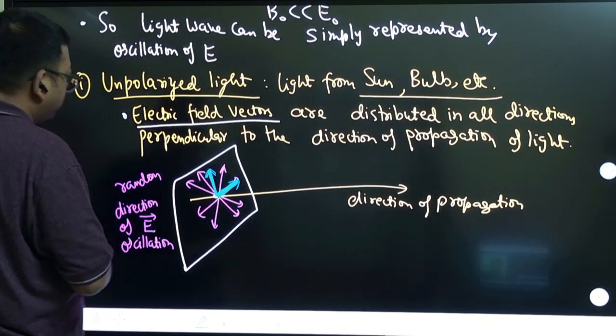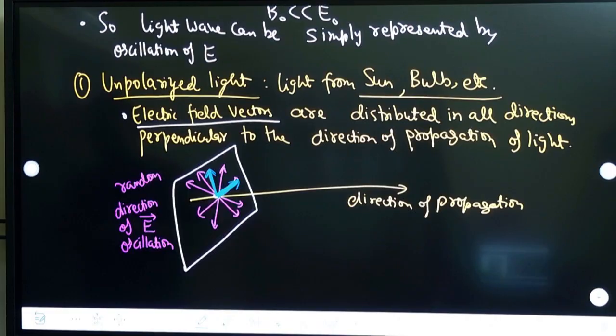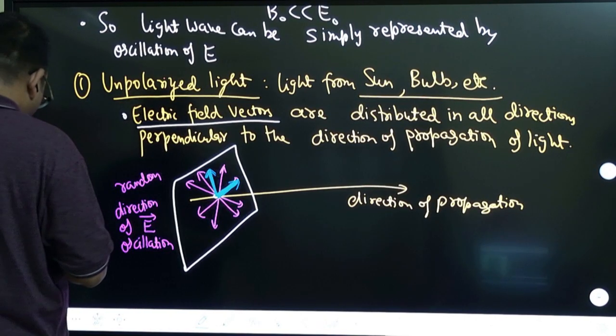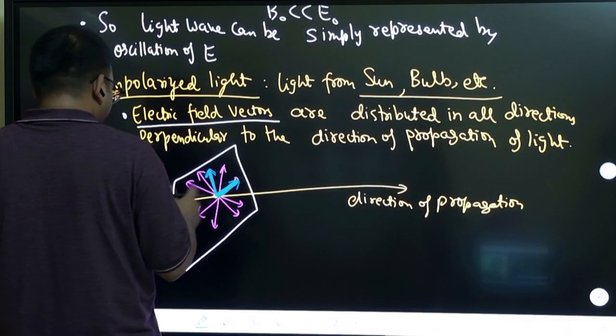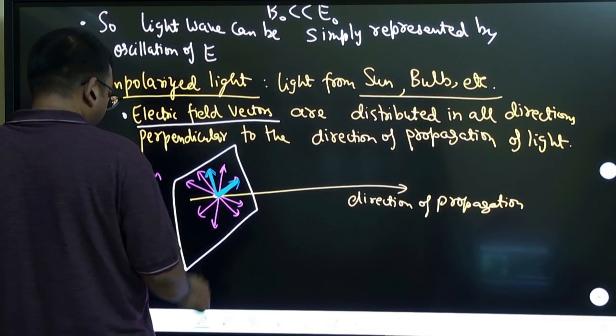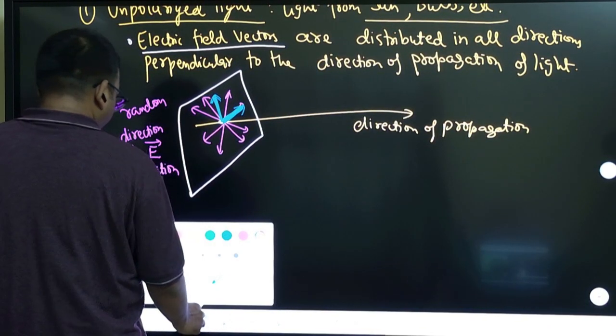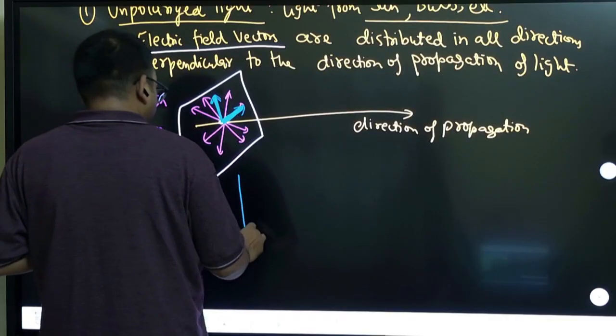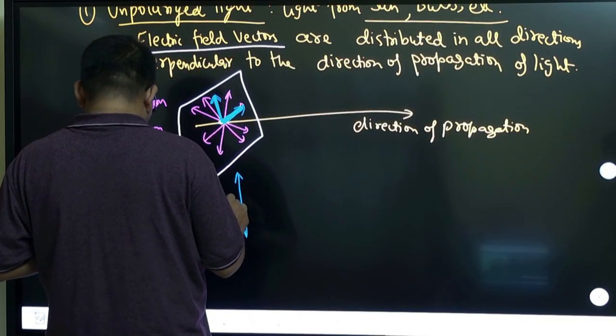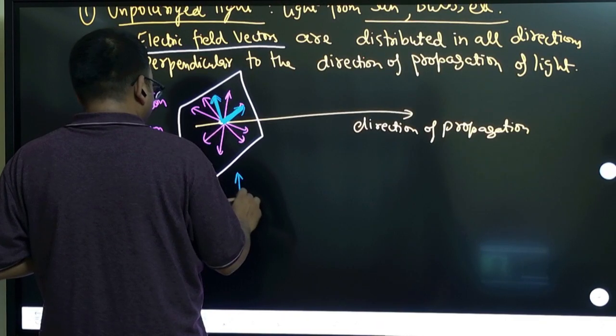So you may represent one as horizontal, another as vertical. Now this is very important.